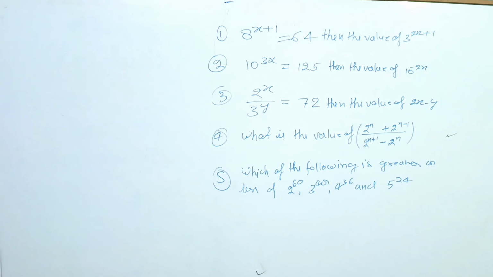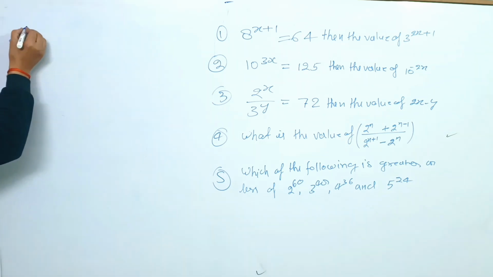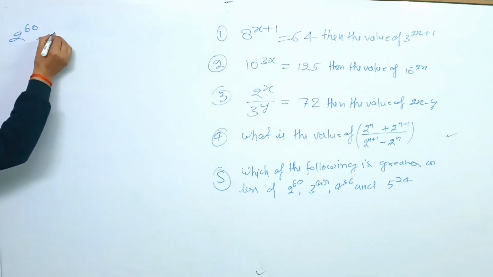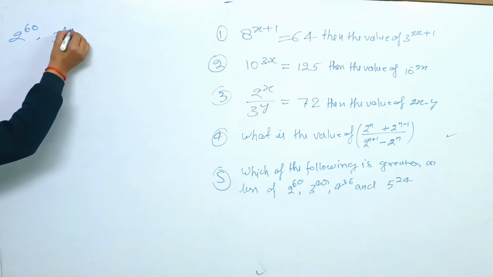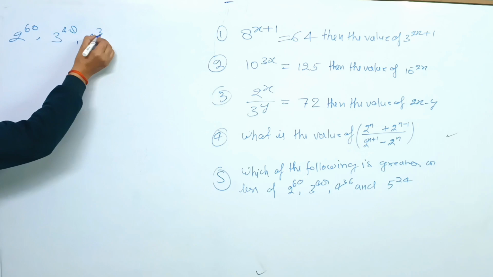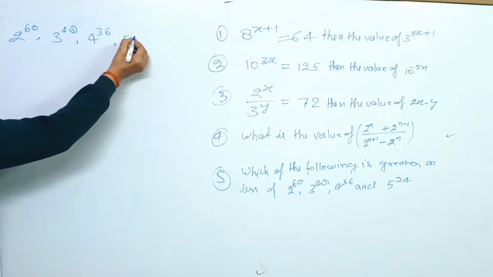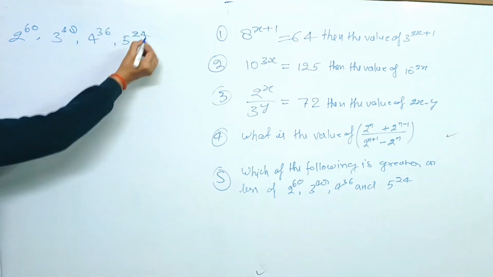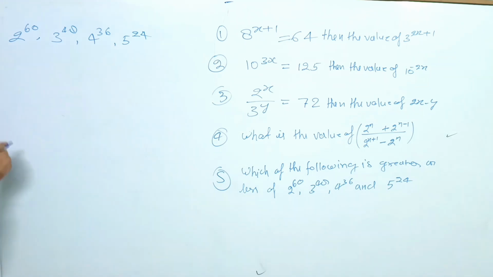The question contains some quantities: 2 to the power 60, 3 to the power 48, 4 to the power 36, and 5 to the power 24. Now we discuss which quantity is greater and which quantity is less.